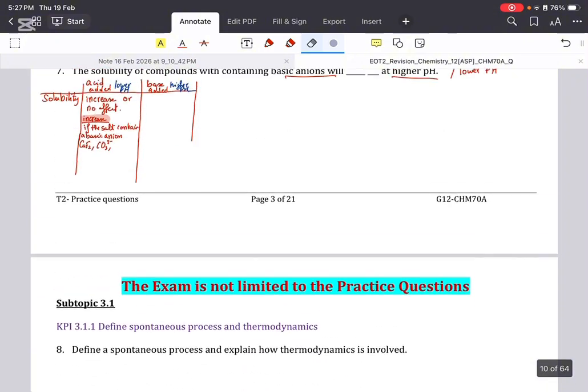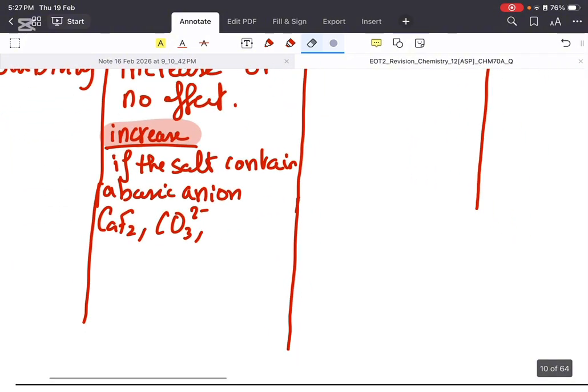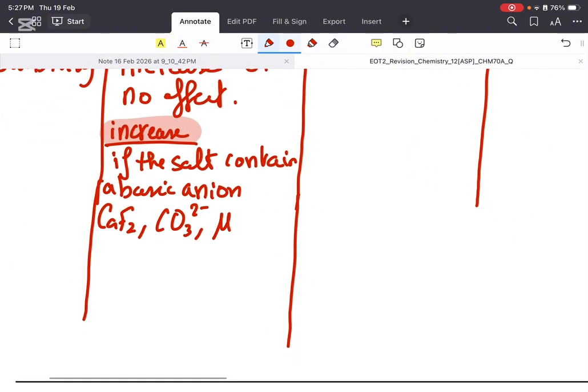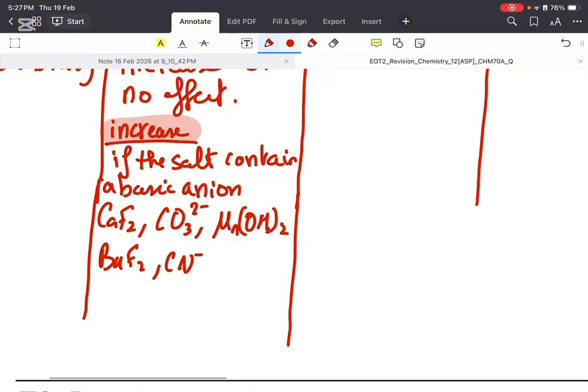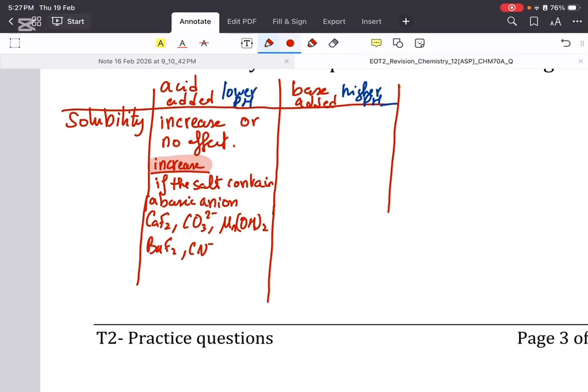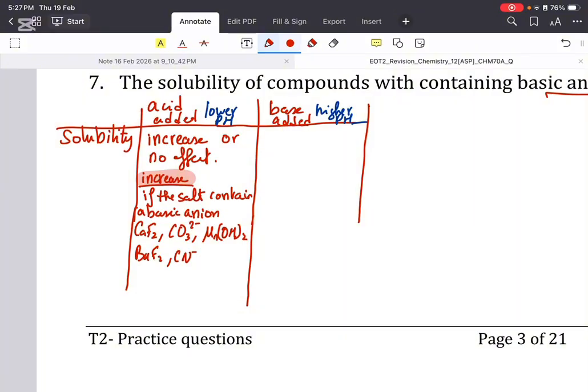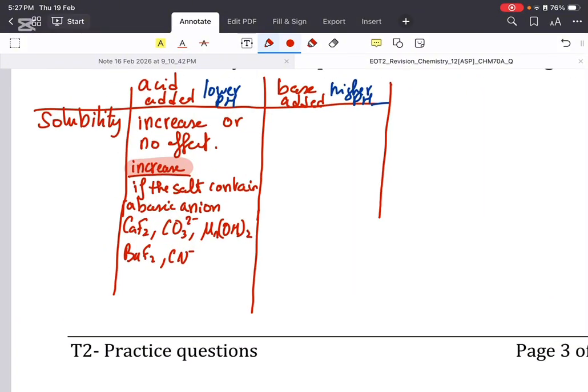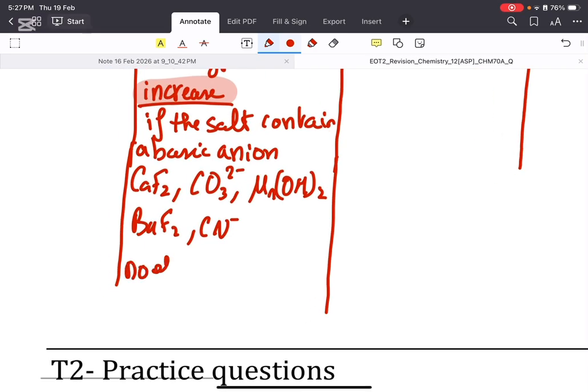So these contain a basic anion. When you see, for example, CN minus, etc. in the salt and pH was lowered, meaning acid was added, the solubility is gonna increase.